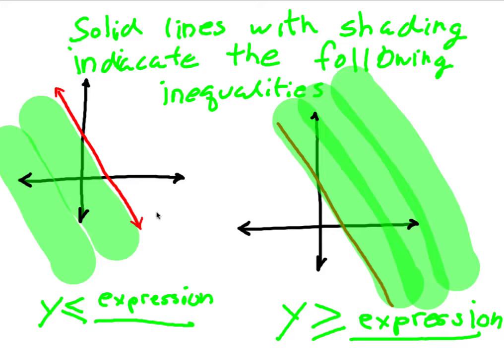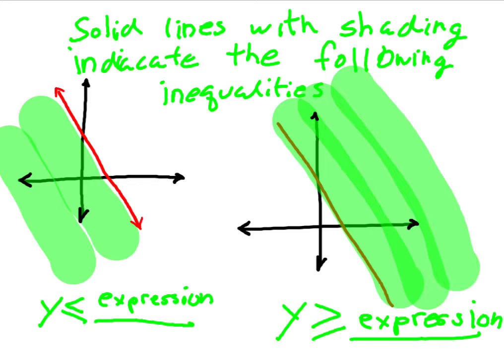So here's your solid red line, and this is a solid black line here. They indicate the following inequalities. The solid red line, with the shading below, is y is less than the expression. So in our case, it's y is less than or equal to -2x plus 1. Similarly here, since it's shaded above, it will be greater than or equal to -2x plus 1.